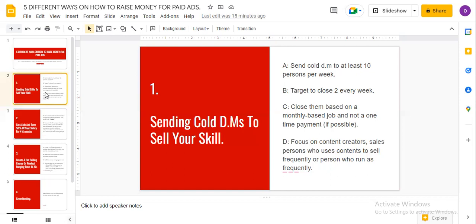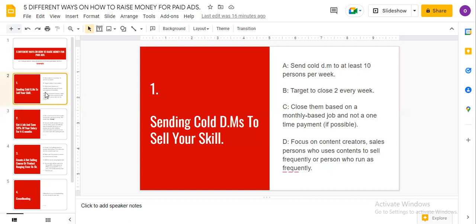No, research them everywhere, check out their social media platform, everything about them, and make sure that you are very sure that they need your skill and your service before you offer to them. Now, this will make it easier for them to reply to you. This will make it easier for them to take up the job with you. And now, if you want to make this cold DM easier for you, I would advise you to learn a copywriting skill.